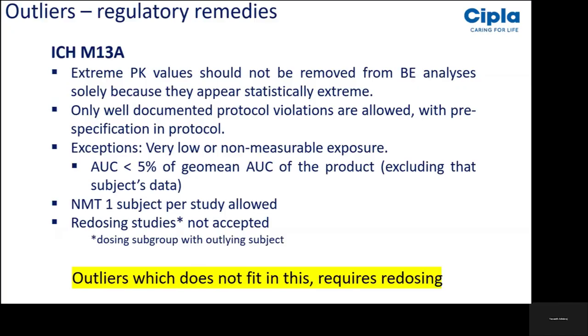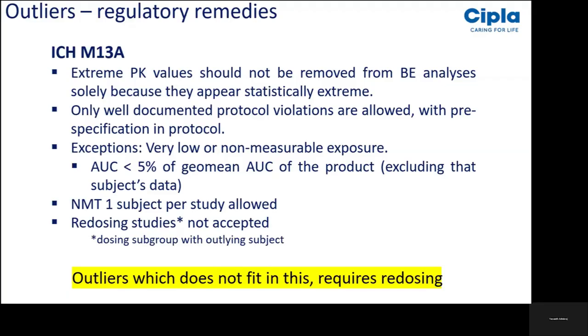But once the ICH M13A guideline has been accepted by all the regulatory authorities, the requirement for handling outliers is now fixed: extreme PK values should not be removed from the BE study solely because they appear statistically extreme. Only well-documented protocol violations are allowed, with pre-specification in the protocol.